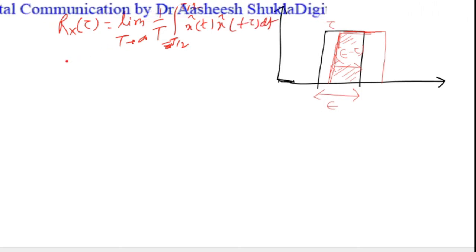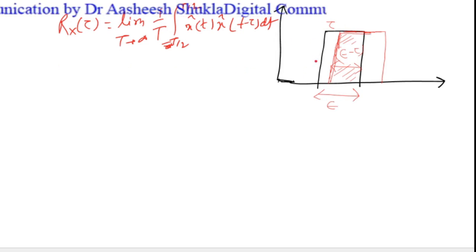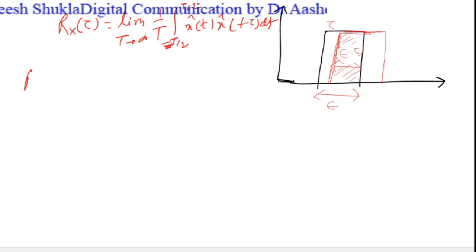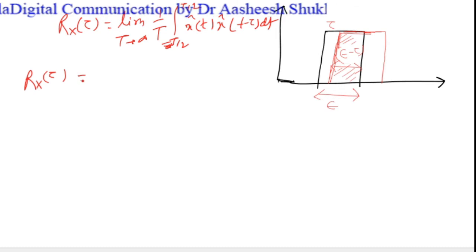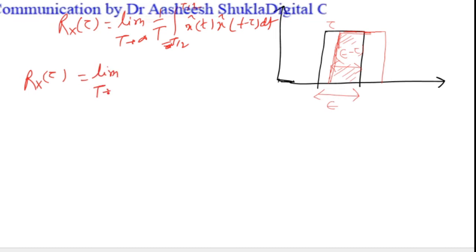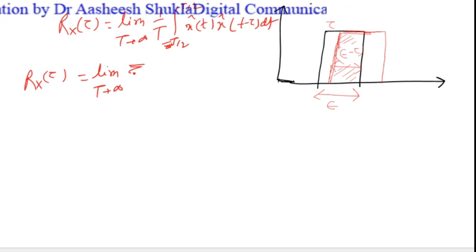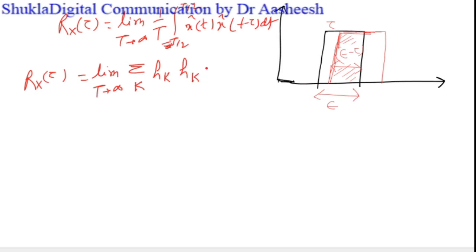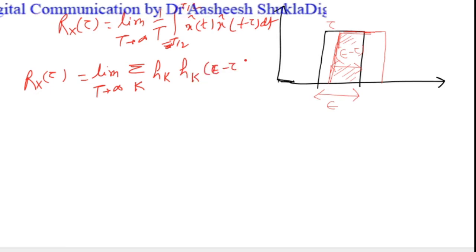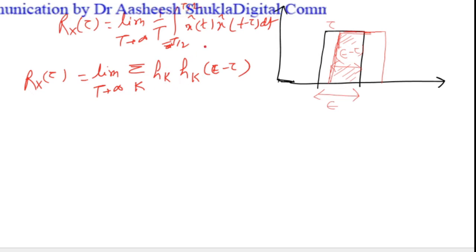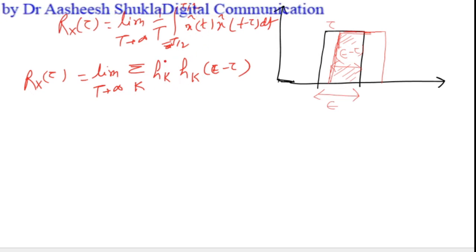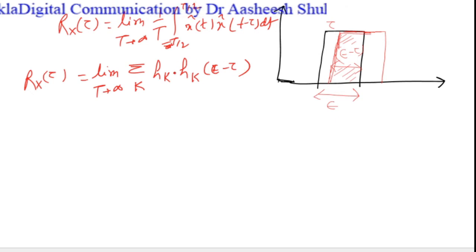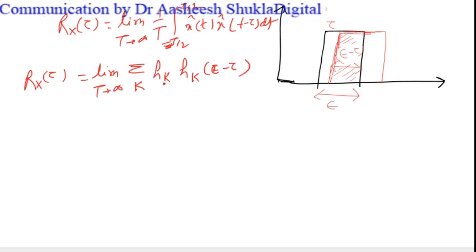And because our signal is discrete, in the form of pulses, we can represent the autocorrelation of our signal as R_X(tau) equals limit T tending towards infinity, summation over k of h_k into h_k (epsilon minus tau). Here x(t) is represented by height h_k, and this is the overlapped version of the pulse, and h_k is the height of the waveform.